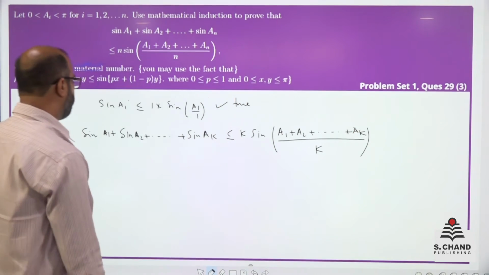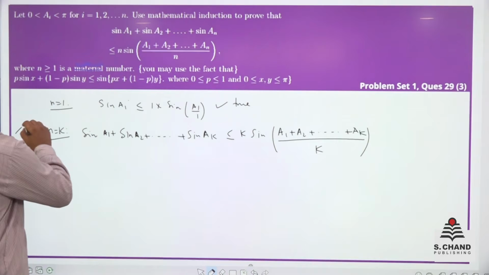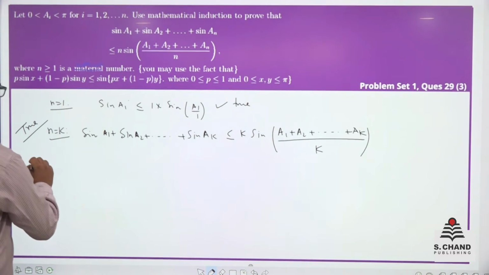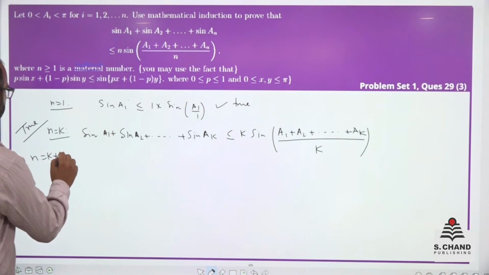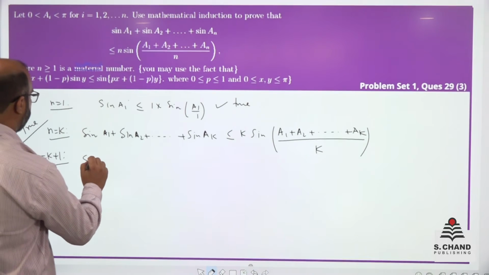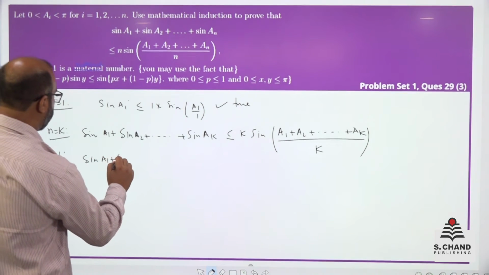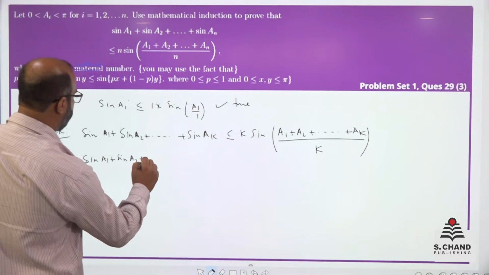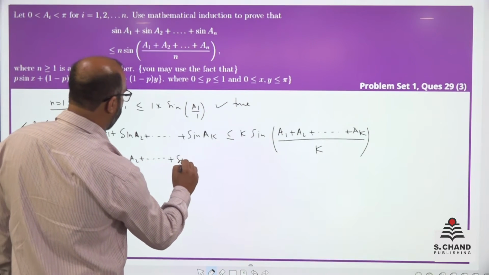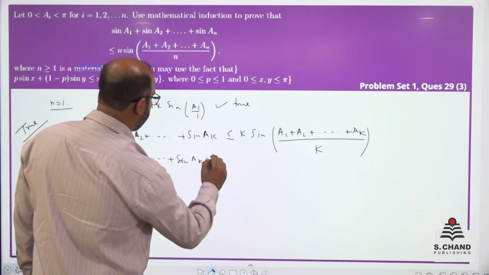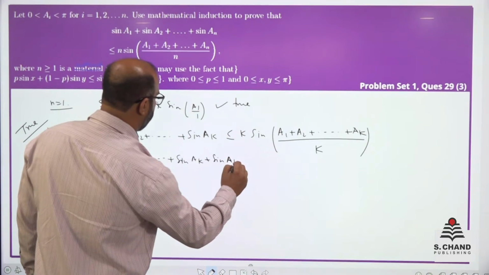This is assumed true. So for n is equal to k plus 1, let us check sin A1 plus sin A2 plus dot dot dot sin Ak plus sin A(k+1).